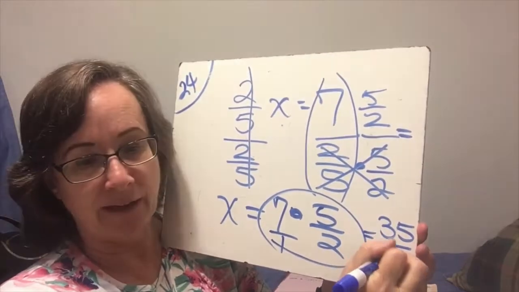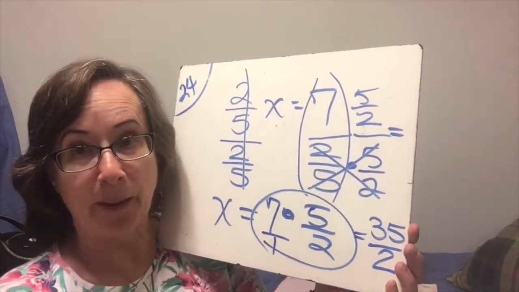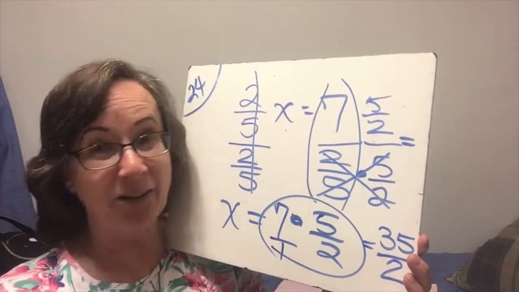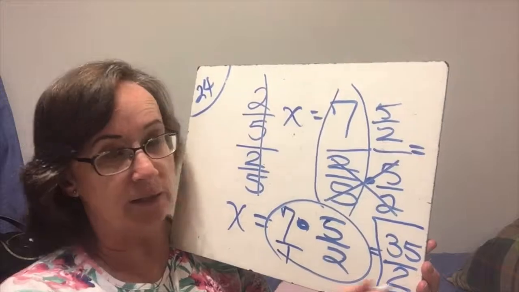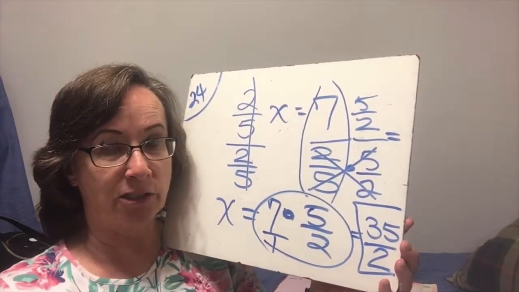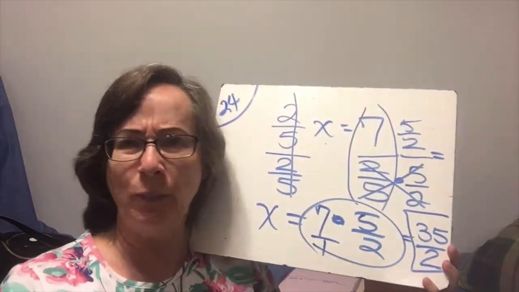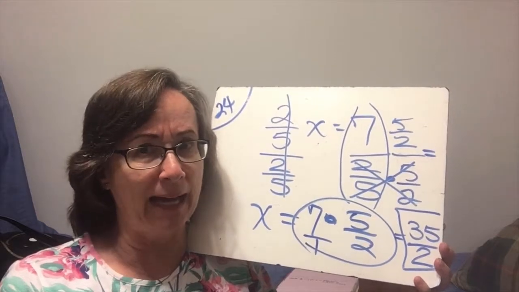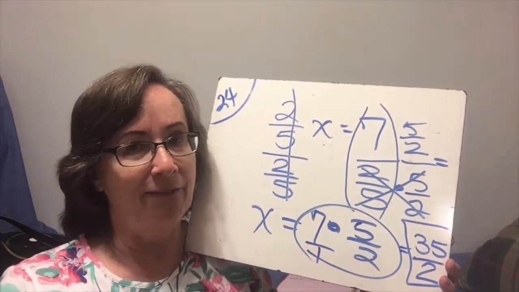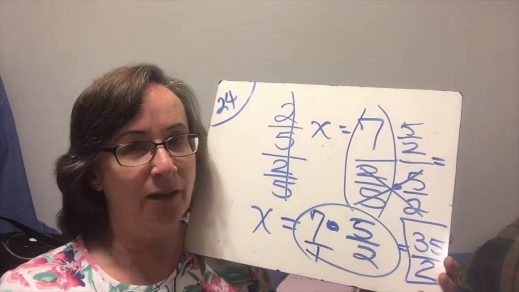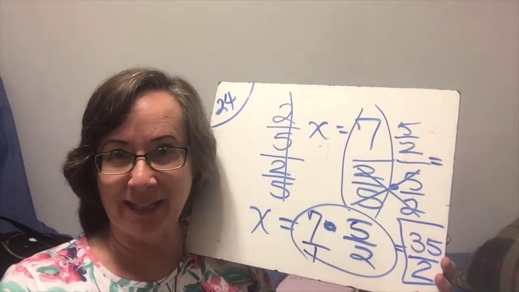Okay, now 35/2 is an improper fraction. But you're in algebra now, so they let you leave your answer in improper fractions. What is our rule? When do we know that we have to put it back into mixed numbers? Okay, well, the rule is this. If it started with mixed numbers, you should put your answer in mixed numbers.